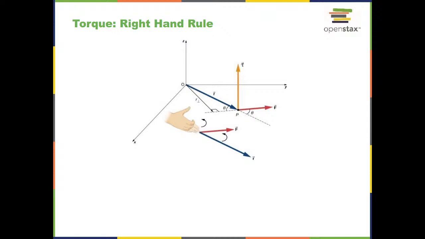Because the torque is a vector quantity, it will be important to make sure we have the torque pointing not just in the right direction, but in particular giving it the right sense. Is it along the plus z direction or the minus z direction?